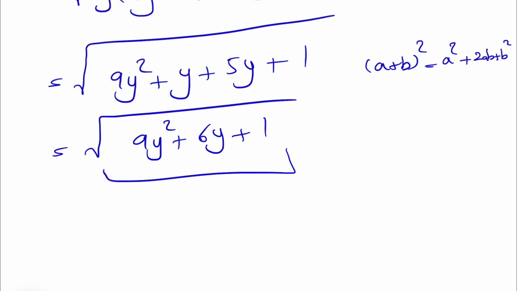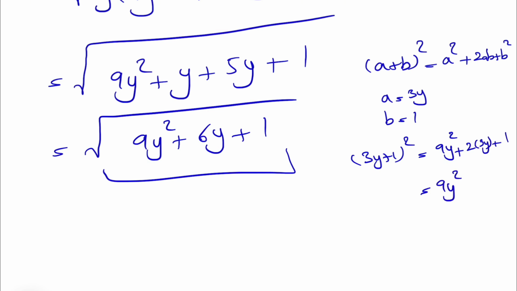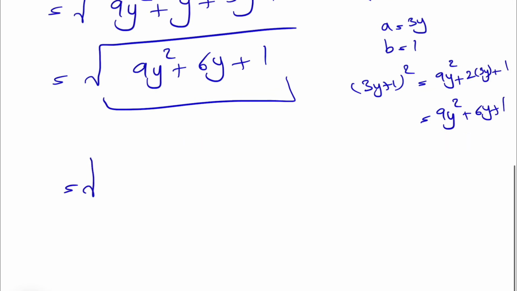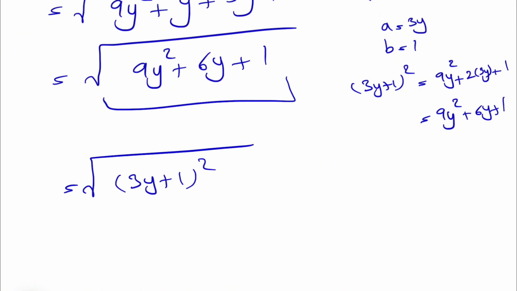If we consider a as 3y and b as 1, what we get is 3y plus 1 squared will be 9y squared plus 2 times 3y times 1, and here we go: 9y squared plus 6y plus 1. What we have under the square root is 3y plus 1 squared, and we already know that 3y plus 1 is a positive number, so we'll take it out as a positive number.